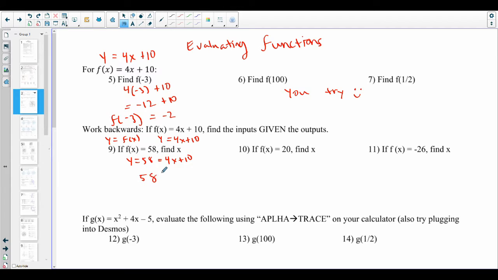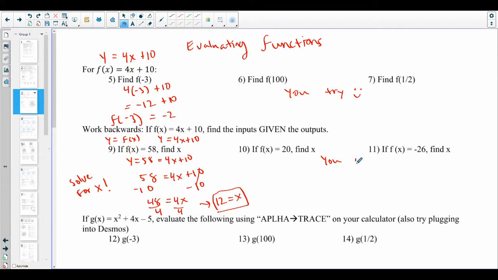And we can solve for x. So go ahead and solve for x. Subtract 10 from both sides. Divide by 4. Let's see, 48 divided by 4, we get 12 equals x. You can try the other two.